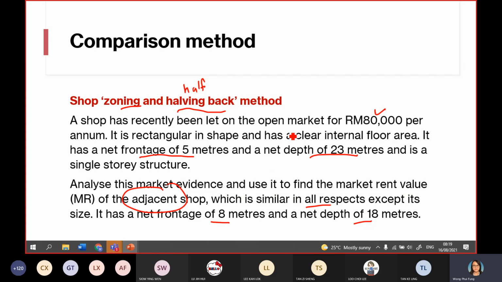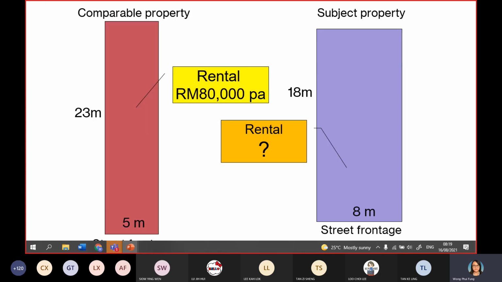So when you produce the question in a figure, this is the comparable property. This is the subject property. So the comparable property, the frontage is here. This one is the frontage, 5 meter, and this is the depth, 23 meter. And then the rental given is 80,000 per annum.